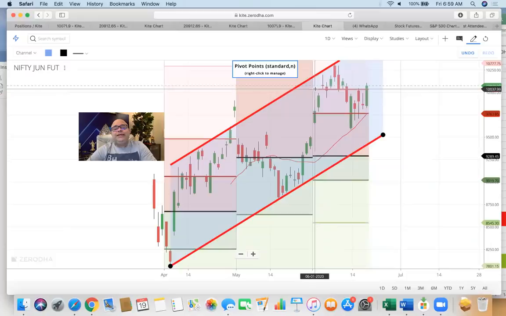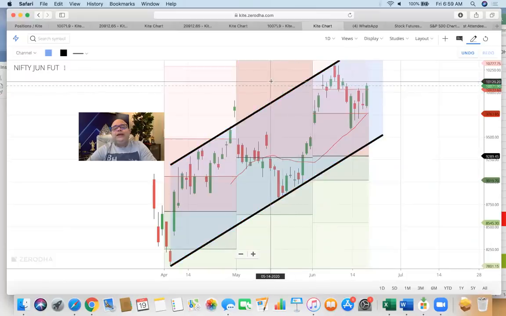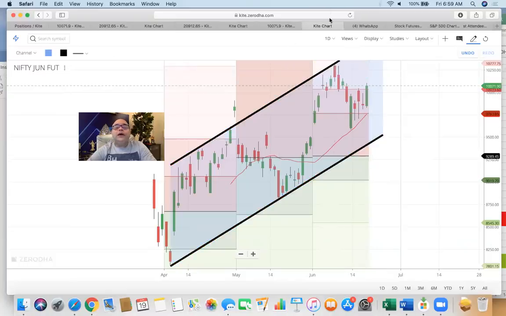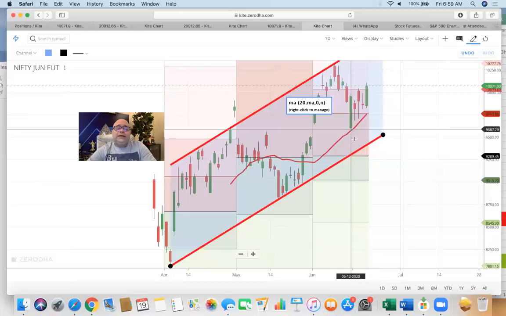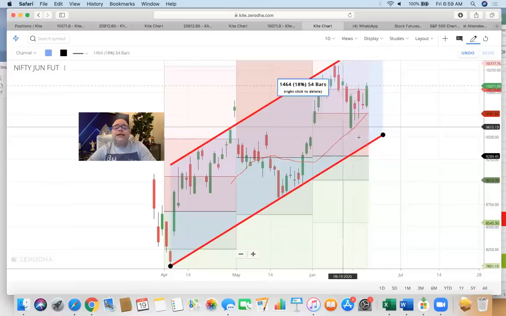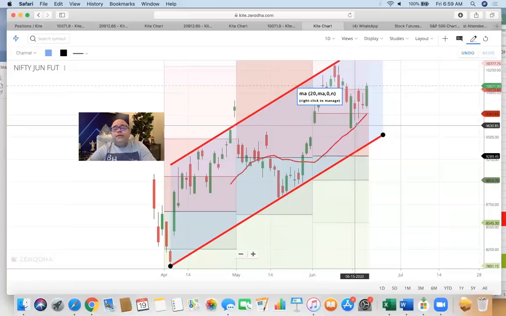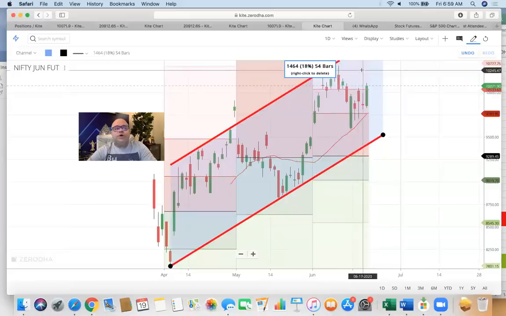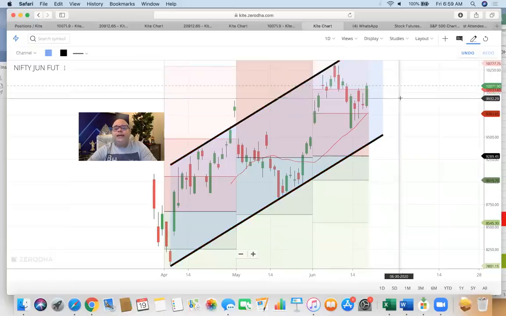This basically means that we are likely to break on the upside. So again, you have a second confirmation where the price has failed to touch the channel. So the odds are very strong that the market is going to start some sort of a trending movement. So I would stay put in my long positions from here.